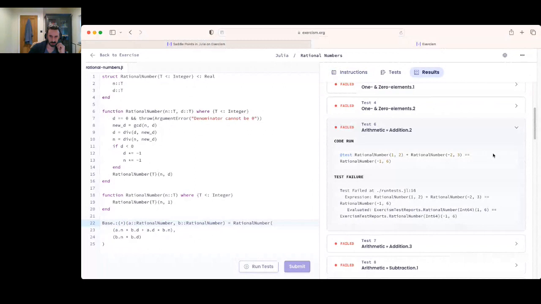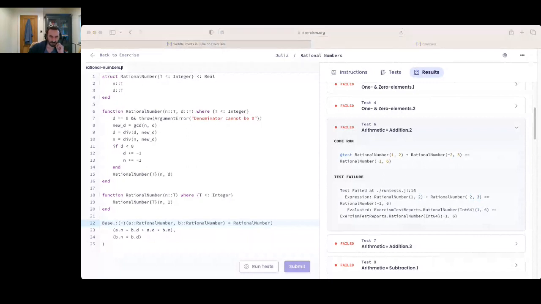So we have our addition of 1 over 2 and minus 2 over 3 has resulted in 1 over 6, which should be minus 1 over 6. So where have we gone wrong? Is that in our initial rational number declaration, or is this somewhere else? Have we messed this up somewhere else?